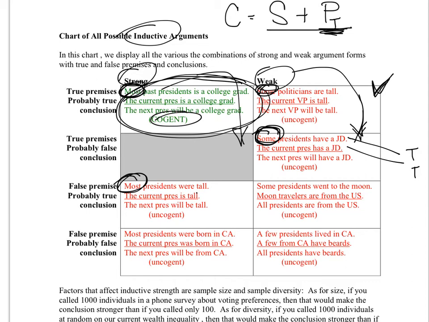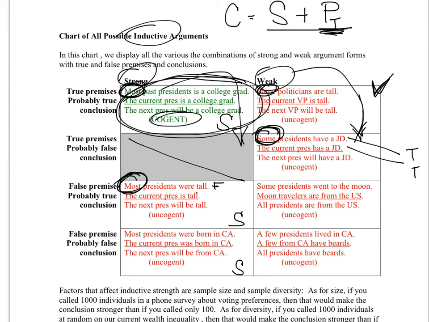It's doubtful that most presidents were tall. A few of them were. So this is false. Nonetheless, given that the argument is in terms of most so-and-sos are such and such, and some individual is a so-and-so, then it would follow with a high degree of probability that that individual is a such and such. So this is going to follow with a high degree of probability thanks to its strong inductive argument structure. Same thing for the argument here.